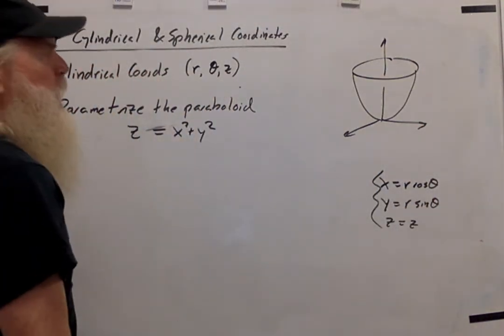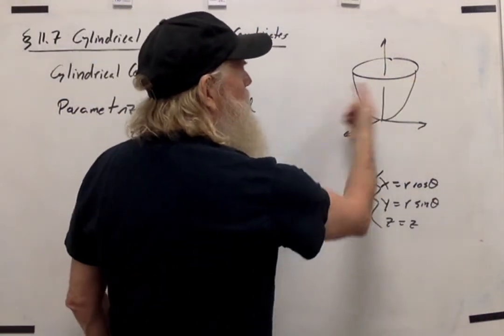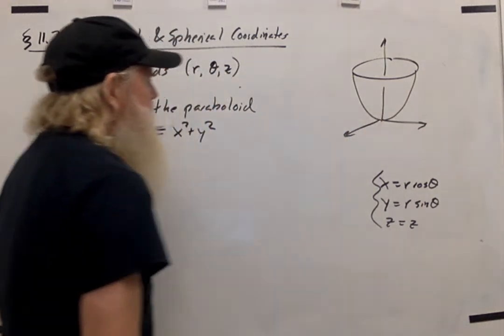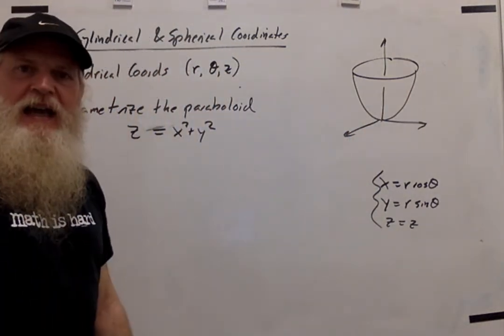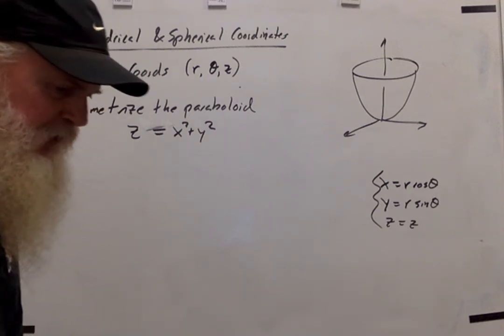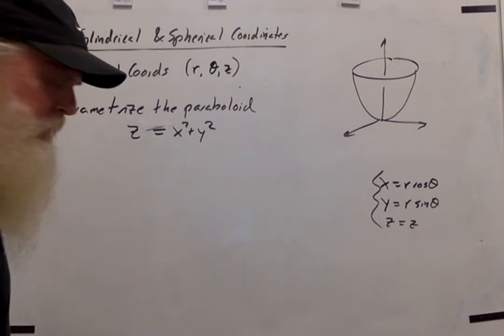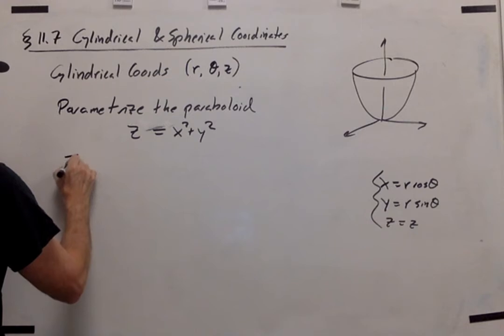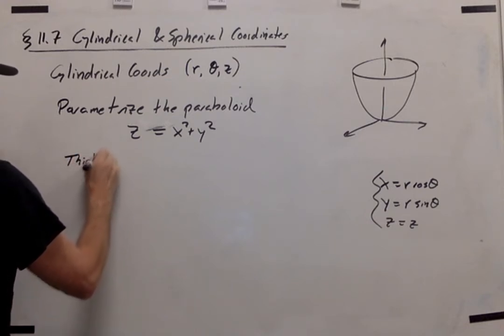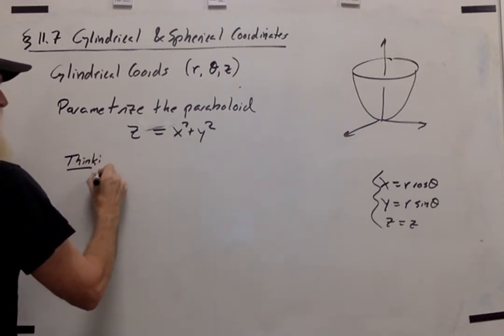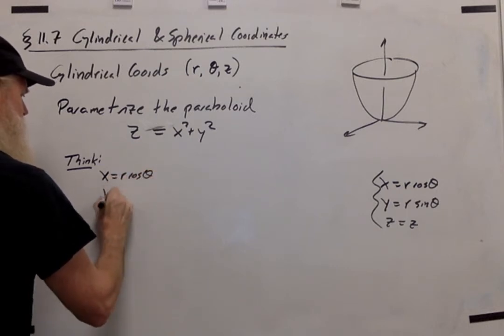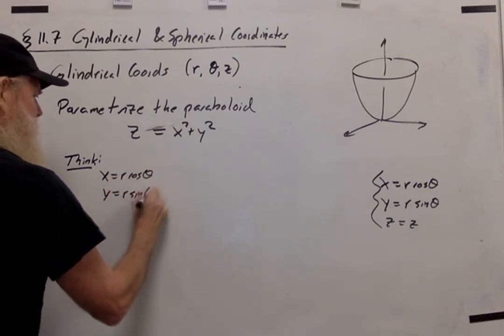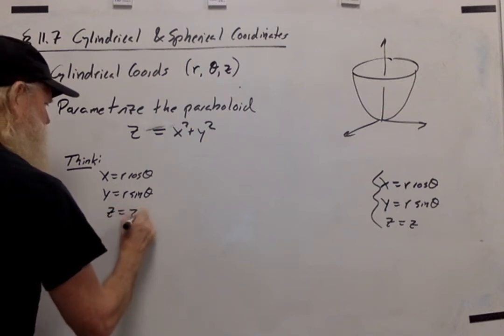Notice that the paraboloid has circular symmetry about the z-axis. So using cylindrical coordinates around the z-axis is likely to give us a fairly simple parameterization. So once again, we'll start by thinking general cylindrical coordinates. X equals r cosine theta, y equals r sine theta, and z equals z.